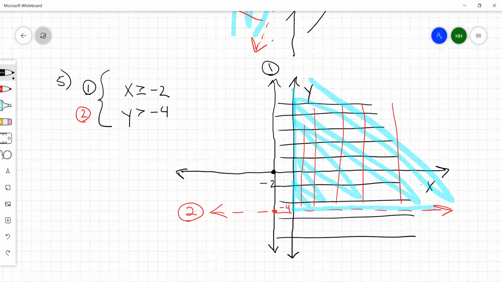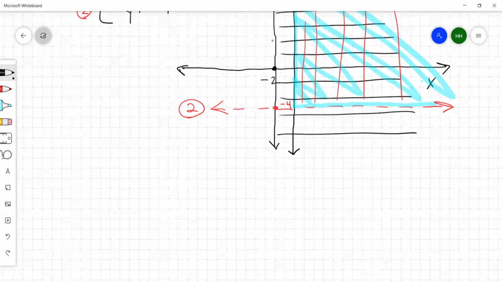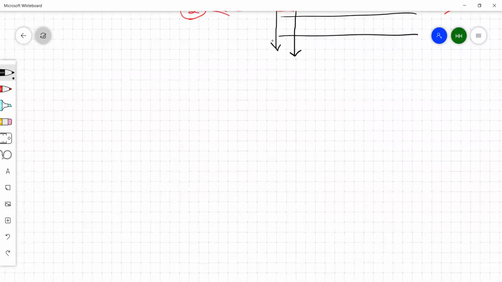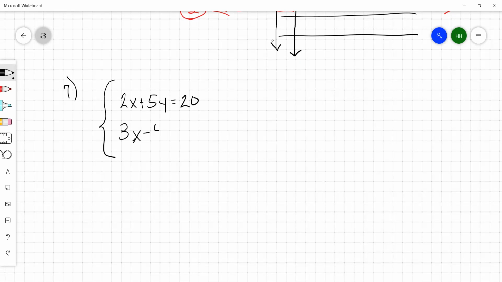All right, and then I'm going to do problem number 7. 2x plus 5y equals 20. 3x minus 4y equals 7.